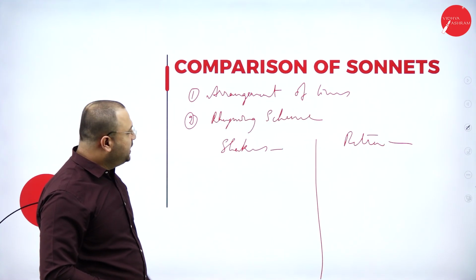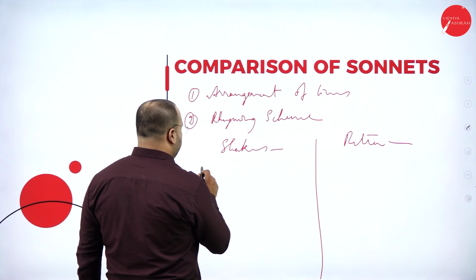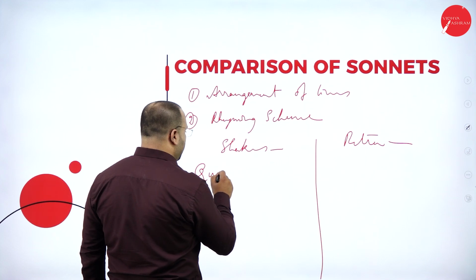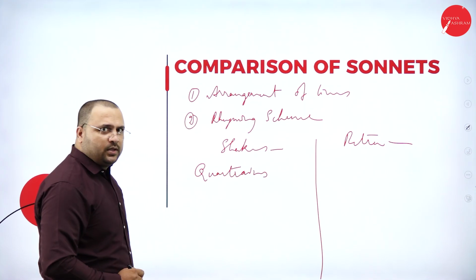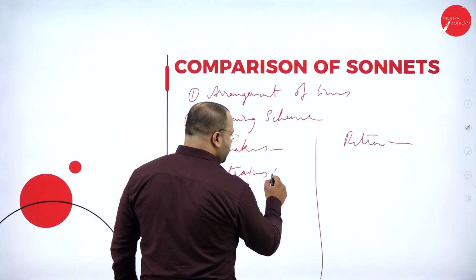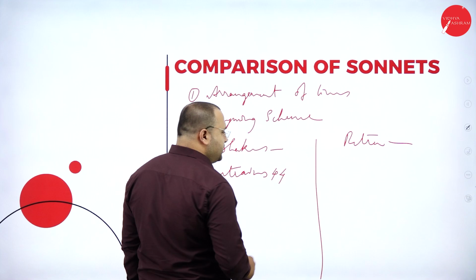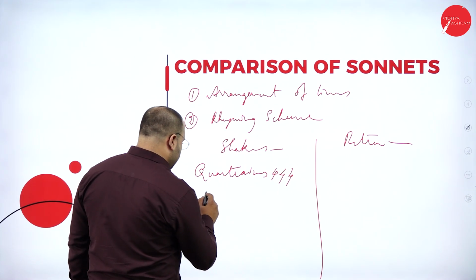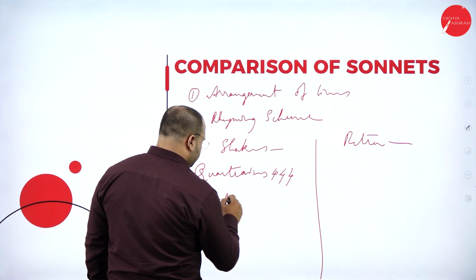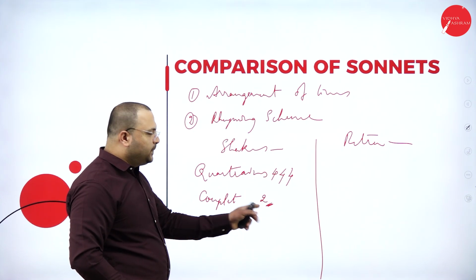So how are lines arranged in Shakespearean type of sonnets? In Shakespeare's sonnets, you have quatrains. What are these quatrains? You have 4 lines grouped into quatrain 1, other 4 lines quatrain 2, other 4 lines quatrain 3. And you have a couplet. That means 2 lines grouped. 4 threes are 12, plus 2, 14.